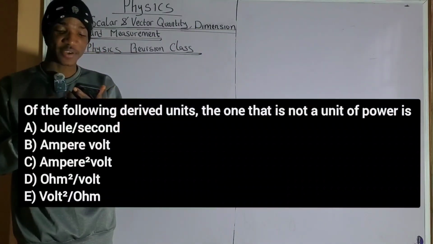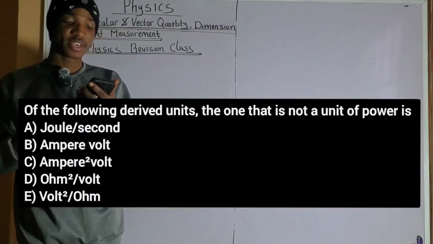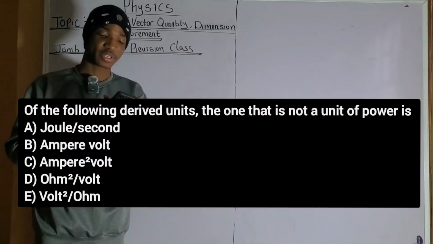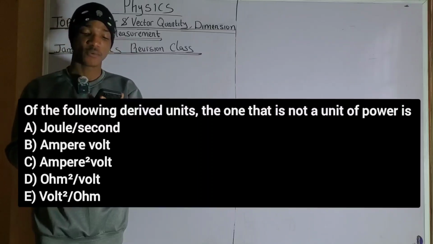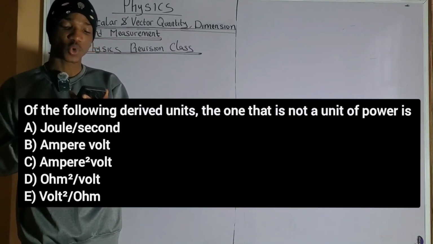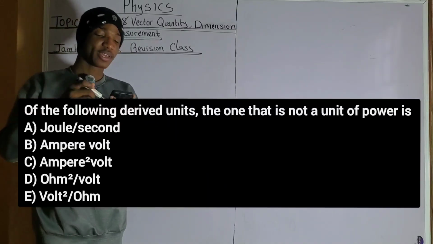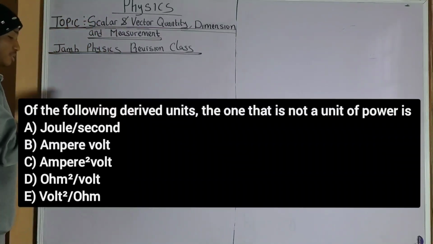Of the following derived units, the one that is not a unit of power is: A, joule per second; B, ampere volt; C, ampere square volt; D, ohm square per volt; E, volt square per ohm. Okay, power.